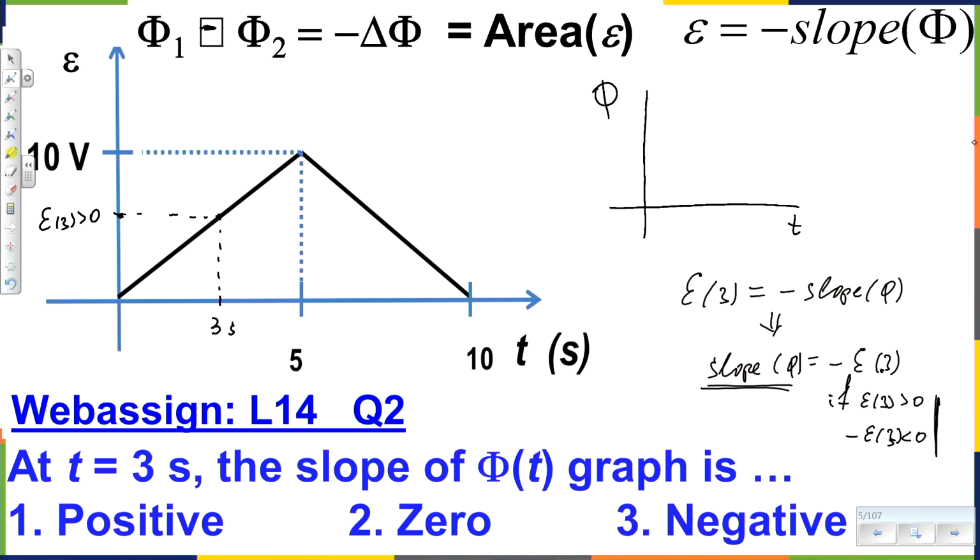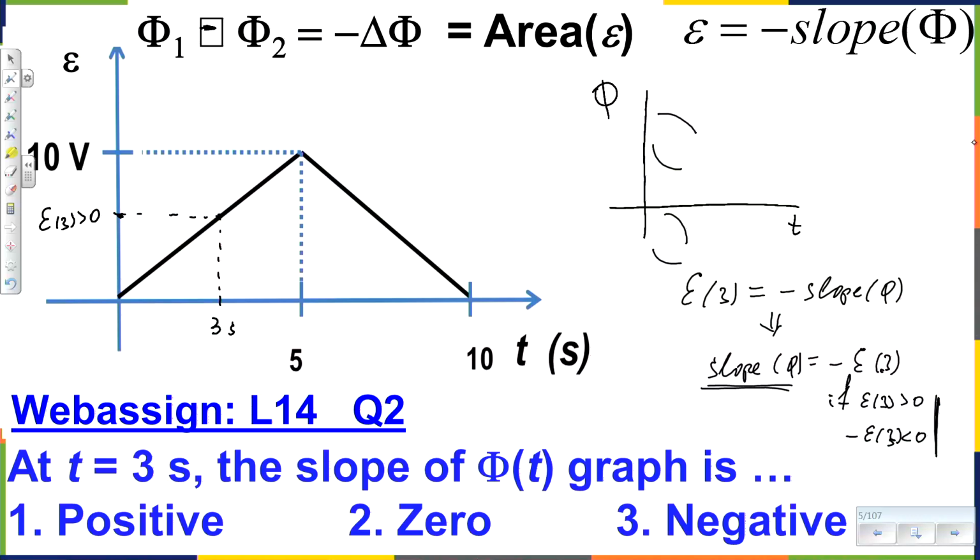Does it mean the flux is positive or negative? Not necessarily. All we know is the slope. So the graph could have been like this, like this, like this, like this. And the next question is related to what type of graph should be happening here.